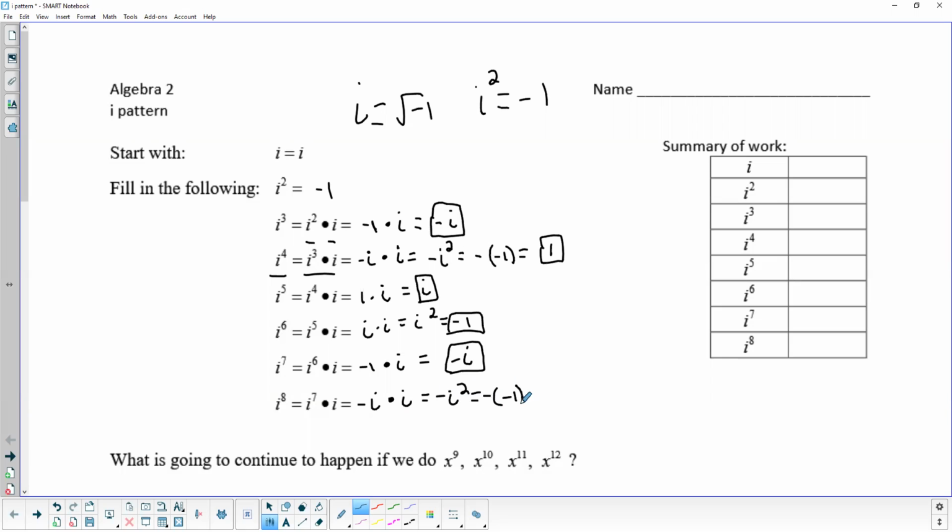If you look closely, we end up getting the same answers. If we summarize it off to the right side here, you're going to see a repetition. Excuse me, guys, on that first one it should have been just i.